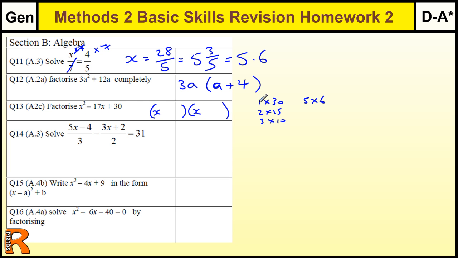So these must all be negative numbers, because when you multiply two negative numbers you get a positive number, which is the positive 30. We need to add to make minus 17, which would be these two, minus 2 and minus 15. So x minus 2 and x minus 15. You can write that either way around, so you could have the x minus 15 first or at the end.